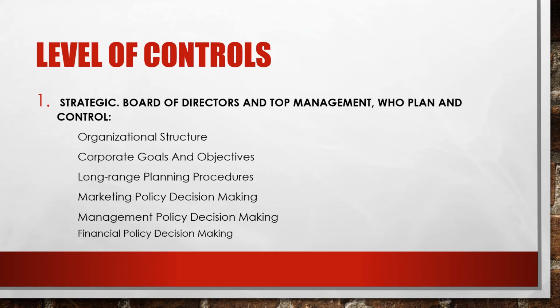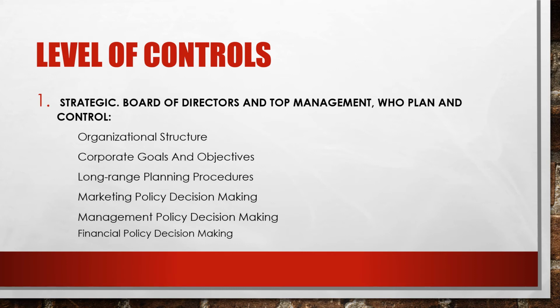So, in terms of level of controls, there are 3. First is the strategic, which are board of directors and top management who plan and control the organizational structures, the corporate goal and objectives, the long-range planning procedures, marketing policy decision-making, management policy decision-making, and financial policy decision-making.